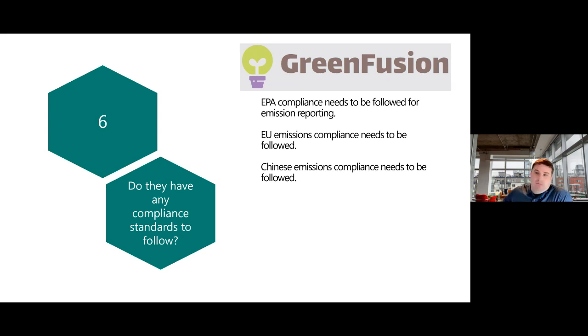Or if we're doing multi-region, then EPA plus EU plus maybe some Chinese emissions if you're working in Asia, and you need to think of that as a whole. So not just one. If you're reporting data from your global industry, does that need to meet EU guidelines as well? Does that need to meet Chinese, even though you're monitoring stuff in North America and it checks the box for EPA? All of this needs to be considered to make sure it's compliant and accurate for your reporting in your different regions.